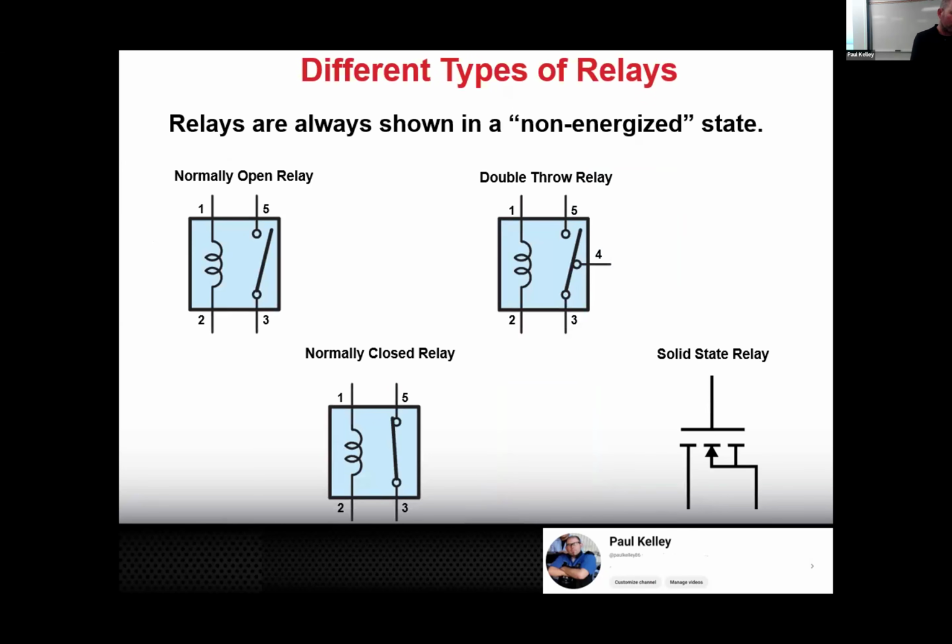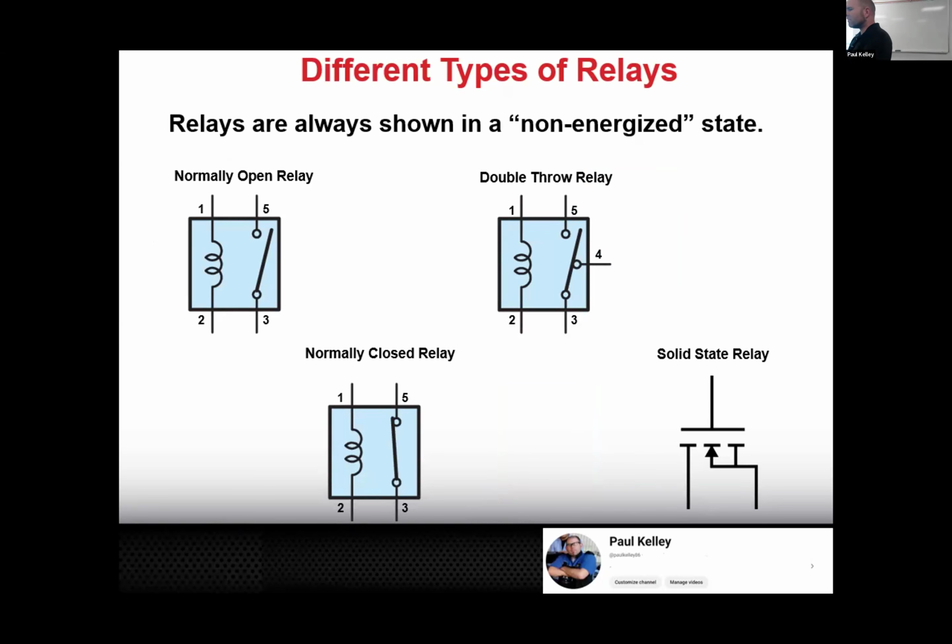All right, and then you guys know we talked about relays a little. Normally open, normally closed, and then of course we get double throw relays, which would be like if it's magnetized, it contacts 5 and 3, but if it's not magnetized, it contacts 4 and 3. Those are helpful in a couple ways.